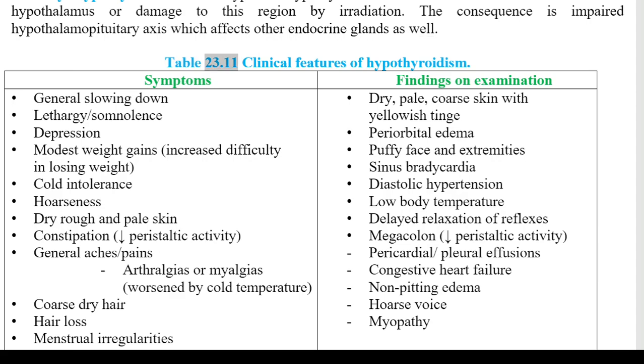Table 23.11 Clinical features of hypothyroidism. Symptoms and findings on examination. General slowing down. Lethargy, somnolence. Depression. Modest weight gain, increased difficulty in losing weight. Cold intolerance. Hoarseness. Dry, rough and pale skin.